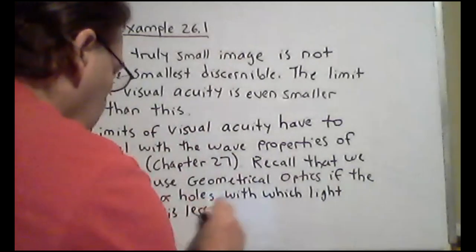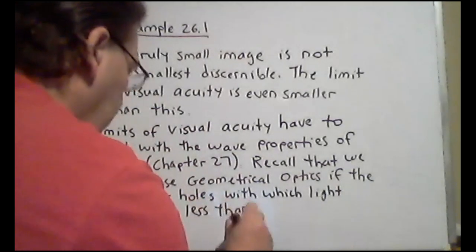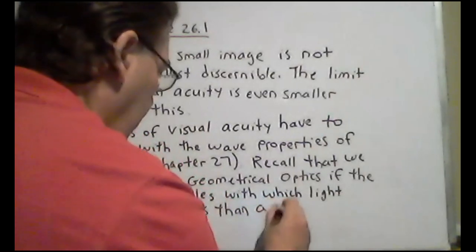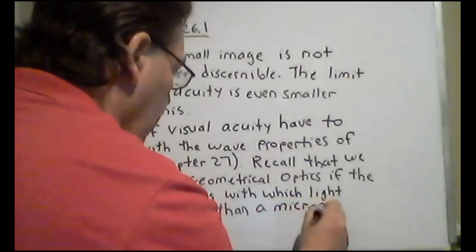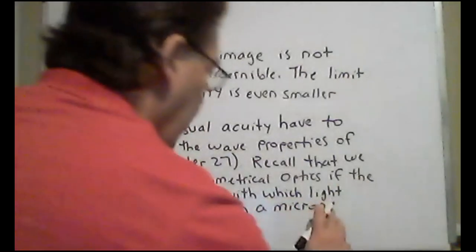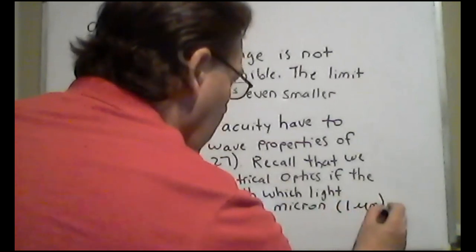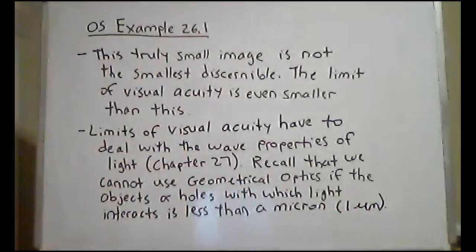That's a general rule of thumb. I mean, 0.7 microns for red, but if you're getting below a micron, and a micron is 1 micrometer, that's the limit. The human hair is about 4 microns, so we're getting close to the limit of visual acuity with the human hair in this particular example.